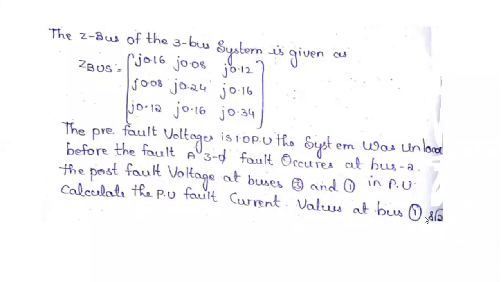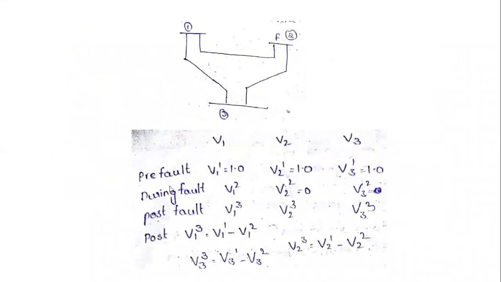So during the fault we have V1 square, V2 square, V3 square, and post-fault we have V1 cube, V2 cube, V3 cube, the voltages at bus 1, bus 2, bus 3. Cube means post-fault condition, square means during fault condition, and dash means pre-fault, which is 1 per unit, so V1 dash, V2 dash and V3 dash are all equal to 1.